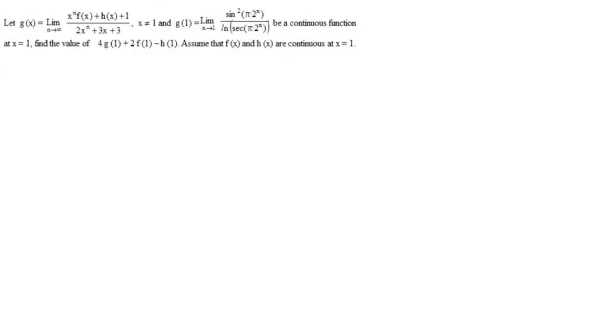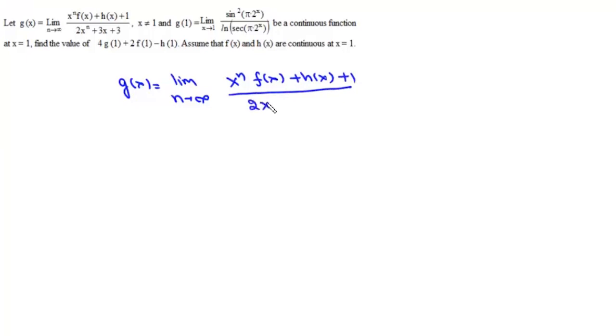Now here the question is, we are given that gx equals this limit n tends to infinite x to the power n fx plus hx plus 1 divided by 2x to the power n plus 3x plus 3, and x is unequal to 1.